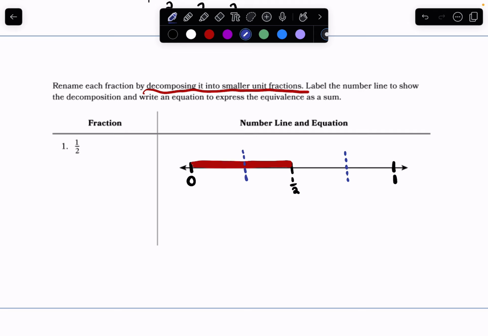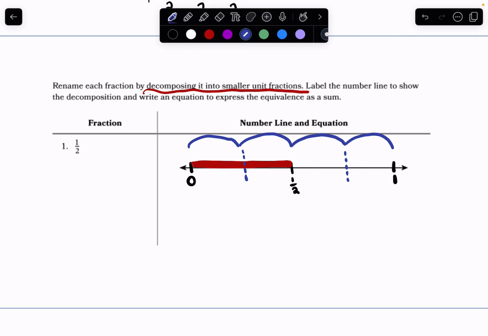Now I want you to notice how many parts my number line is broken up into. It was broken up into 2 parts, but then I split those 2 parts in half, and now it's broken up into 4 parts. So let's go back to our 1/2.